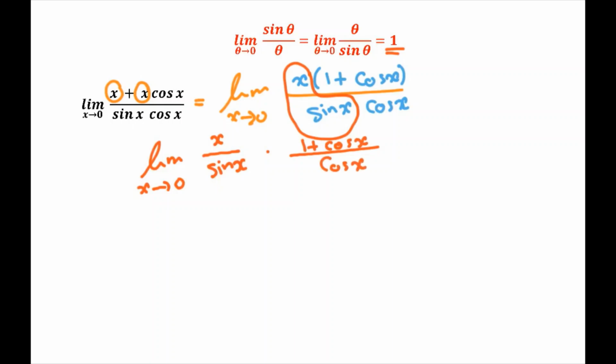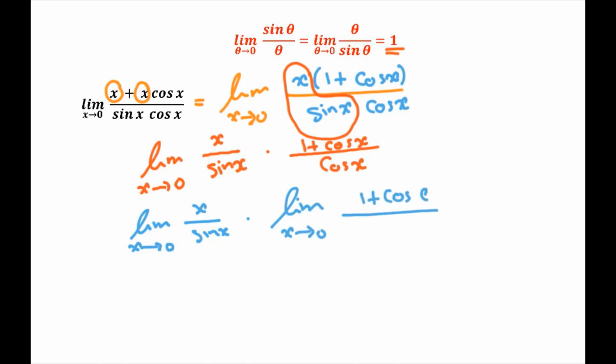Now you can split the limit, so the limit as x approaches 0 of x over sine x, multiplied by the limit as x approaches 0 of 1 plus cosine x over cosine x.